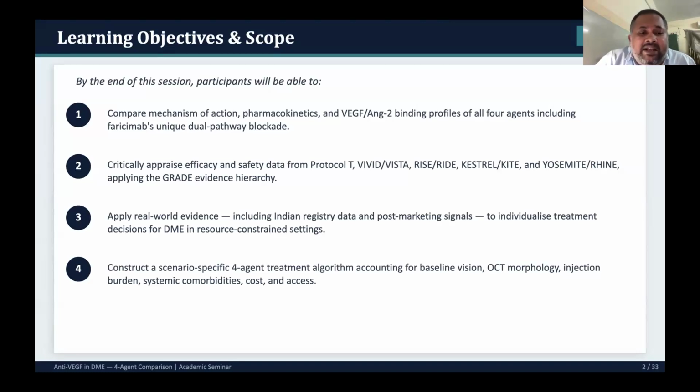We'll also apply real world evidence, including the Indian registry data and post marketing signals, to individualize treatment decisions for DME in resource constrained settings. Finally, we'll construct a scenario specific four agent treatment algorithm accounting for baseline vision, OCT morphology, injection burden, systemic comorbidities, cost, as well as access.